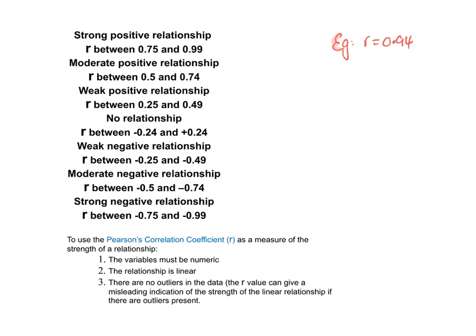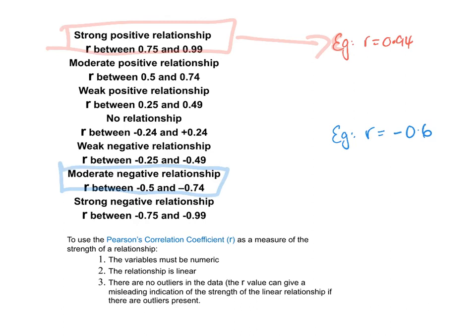What category is that one in? It's up here, isn't it? Now, the one they did, they got 0.83. What would that one be? Strong. What about if I said an R value of negative 0.6? Yep, good. So it's down here, in between that category. So it's a strong model.